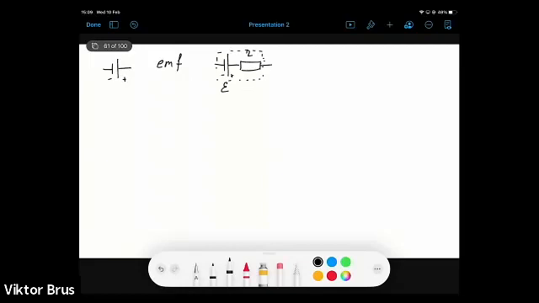So this dashed box shows us that this is actually a single device. It's our battery, but we should consider some components of this battery: some voltage, potential difference generator, and in series we have some series resistance, the internal resistance of this battery.